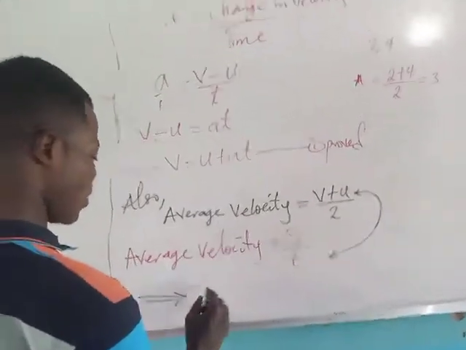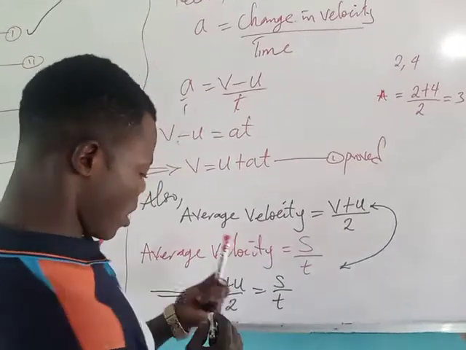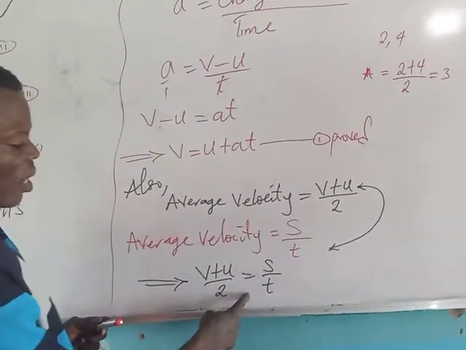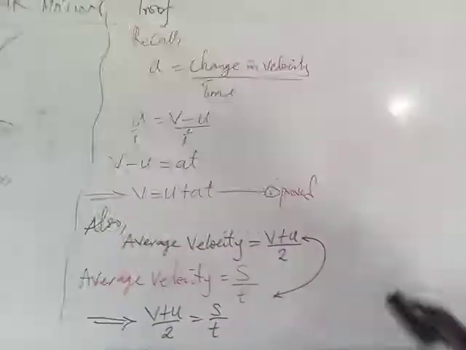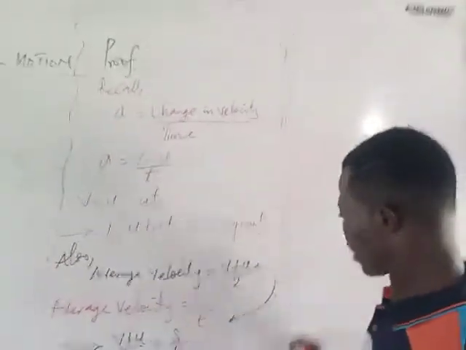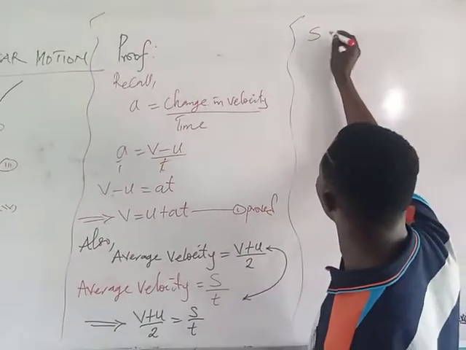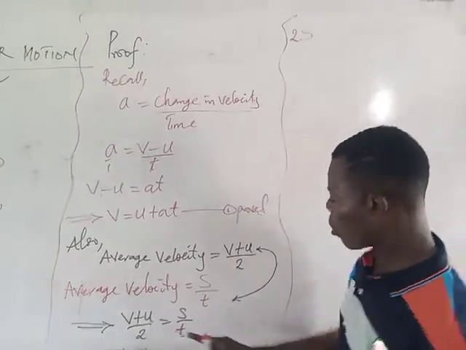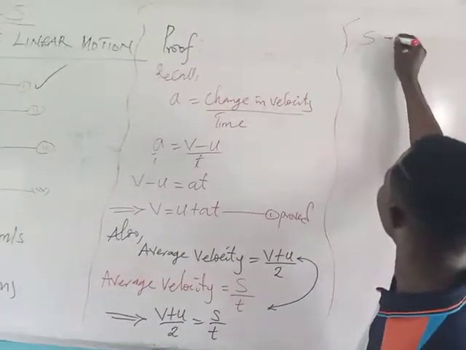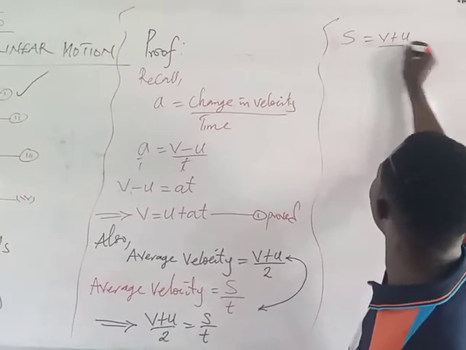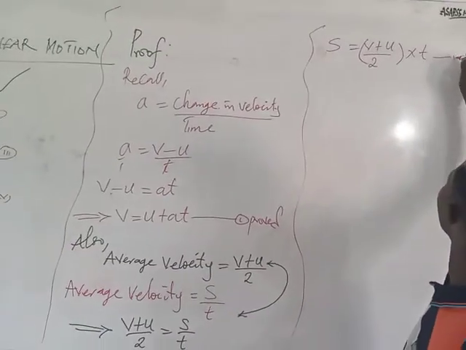That is, we can say V plus U over 2 is equal to X over T. If you make X the subject of the formula in this relation, you cross multiply and we can just say X is equal to V plus U all over 2 times T, and this is equation 3.